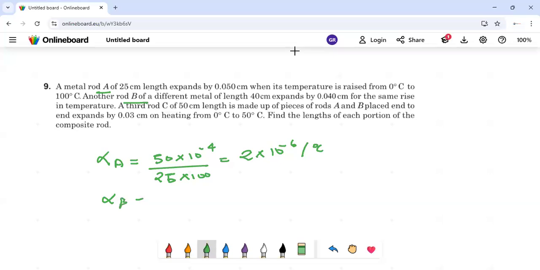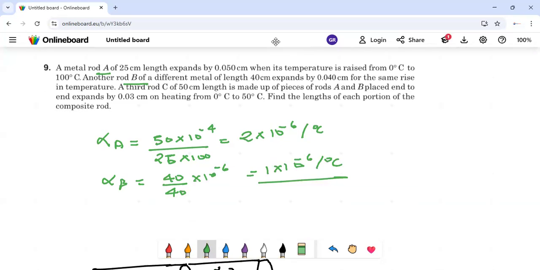And similarly, alpha B will become 40 by 40 into 10 to the power minus 6. So we'll get 1 into 10 to the power minus 6 per degree Celsius. Now these two are joined and made a rod 3, whose total length is 50. Shri, correct, beta?